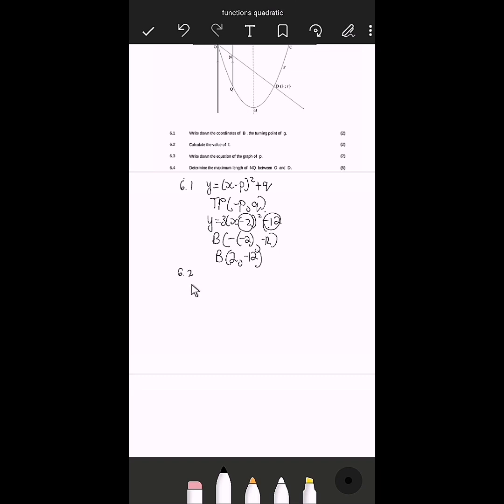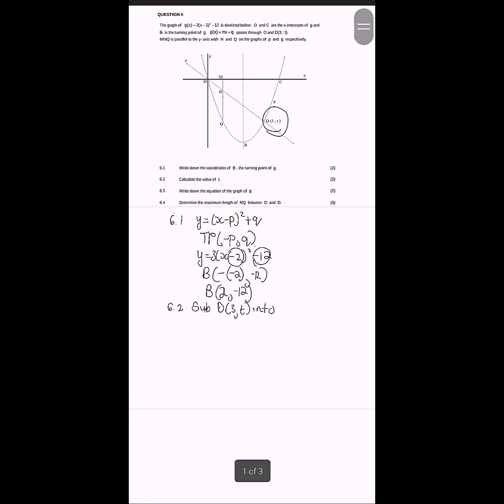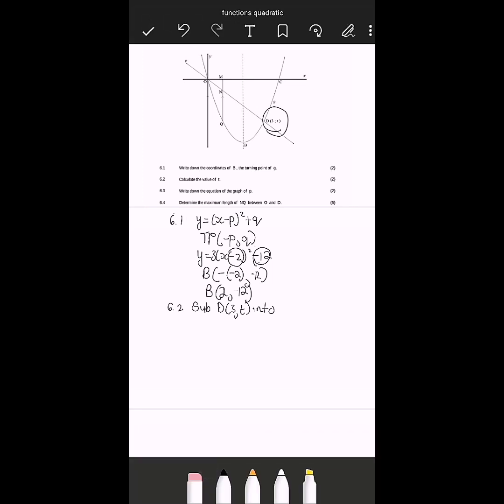6.2 says find the value of t. So t is the y-coordinate of D. So what we can do is substitute D's x-value into g(x), right?